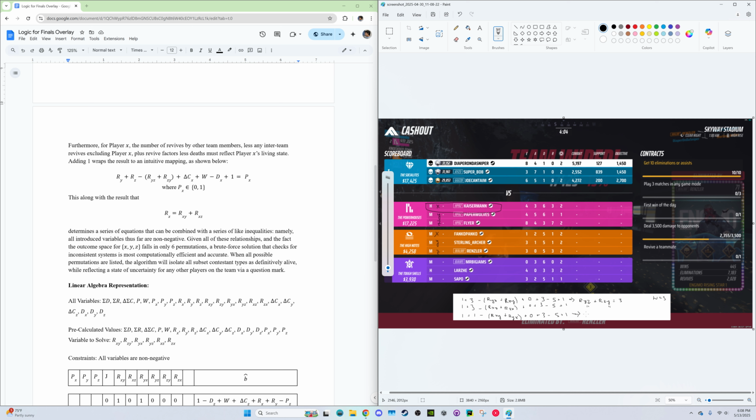I think I actually made a mistake on something, because I'm supposed to put in the p_x as well, which I did not do in the first equation. So let me do that really quick. It's not really a mistake, it's just that I need to fill it in later for assumptions. So this whole first equation is equal to p_x, right?